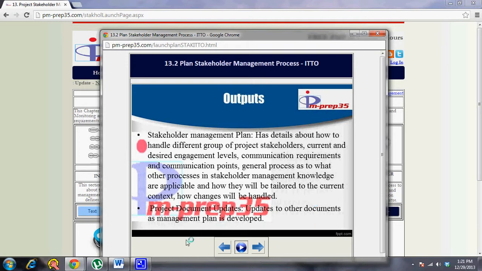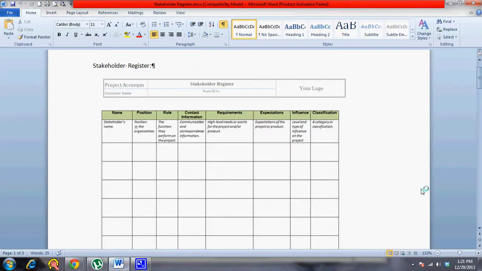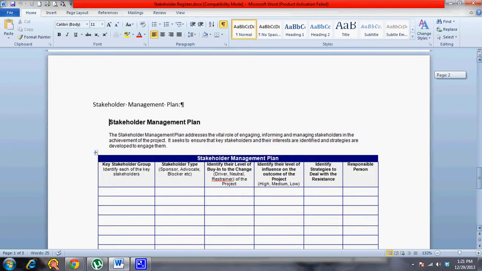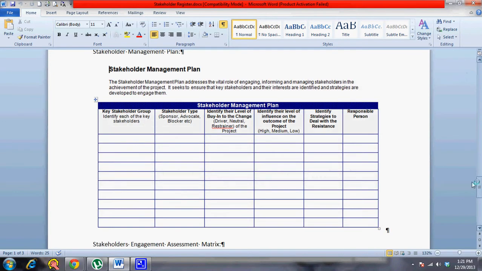So let's quickly walk through the stakeholder management plan template. If you look at it, the stakeholder management plan here, I wouldn't call this a full-blown plan, because it is more in line with your stakeholder register, but it has to have additional details in terms of how changes will be communicated, how the engagement will be managed, what communication will be done.